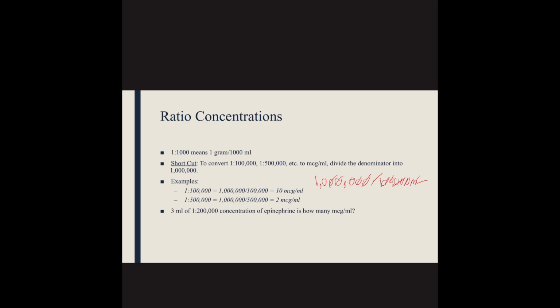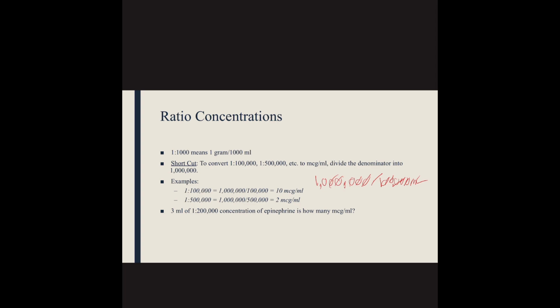So then the next question says 3 milliliters of a 1 in 200,000 concentration of epinephrine. How many mics per mil? So we would understand that 200,000 has to go into 1 million 5 times, because if you cross out the zeros and everything, or you can just ask yourself how many times 2 would go into 10, and then you can do that same calculation.